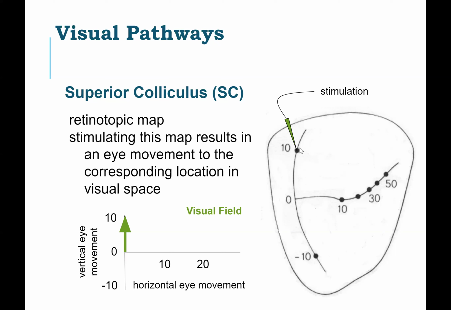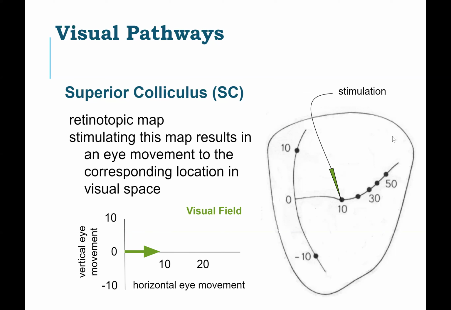Now, if you stimulate a certain area here, then you're going to get, for example, an eye movement. If you stimulate this part of the superior colliculus, the monkey will make an eye movement 10 degrees vertically toward the top. Then if I stimulate this part of the superior colliculus, the monkey makes an eye movement 10 degrees to the right.